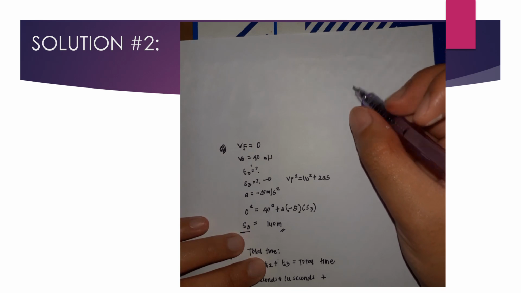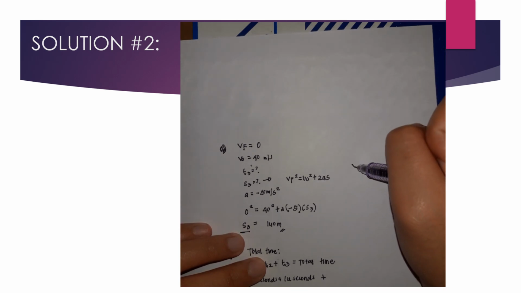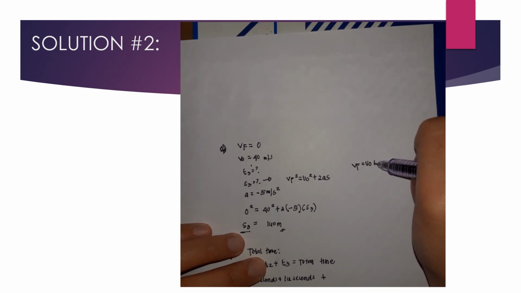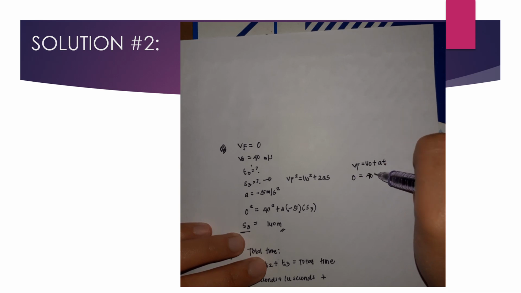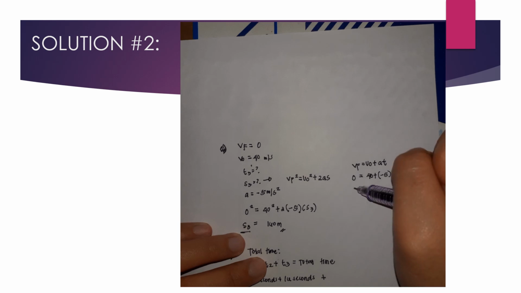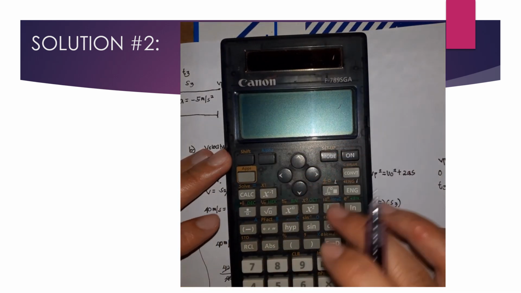So going back here, we'll solve for T3, again using this formula: 0 final velocity, 40 initial, acceleration of -5, and T3.